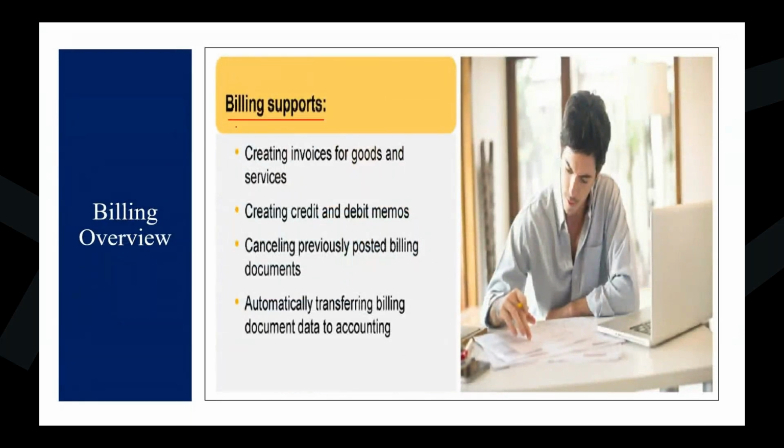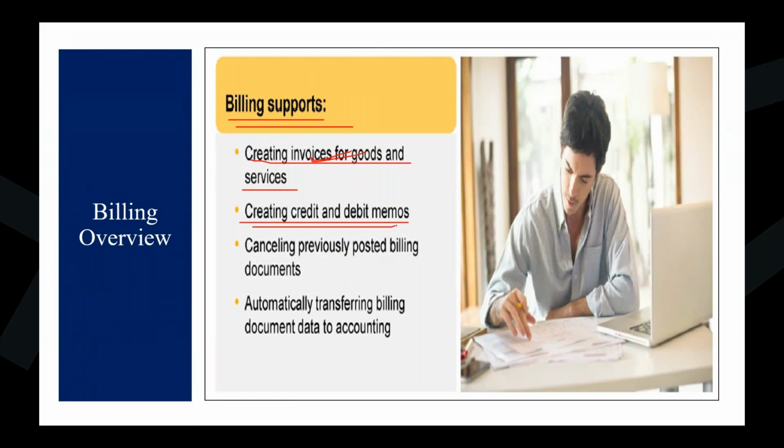The billing phase supports creating invoices for goods and services. Once we provide the products or services to a customer, we need to create the invoice so that he can make the payment. Here we can also create credit memos and debit memos, which we will discuss when we go to returns processing.